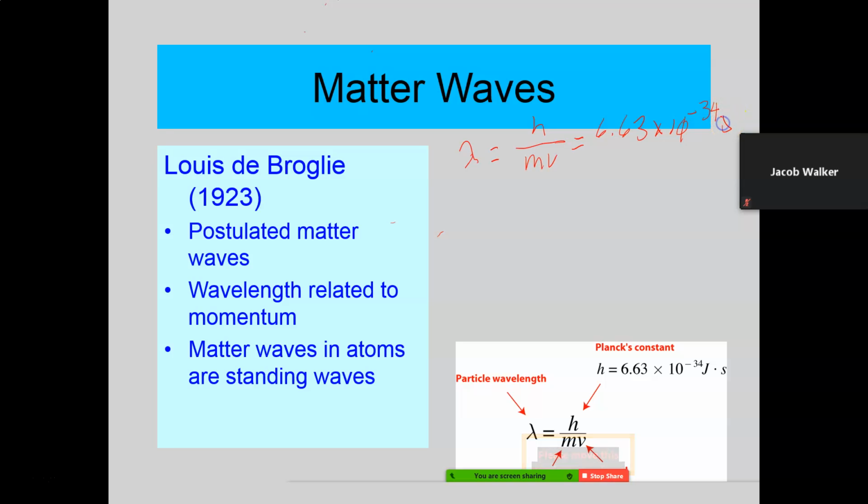And this is joule seconds. That's divided by the mass of 0.15 kilogram. They actually put in the book 150 kilograms, with a velocity of 50 meters per second.